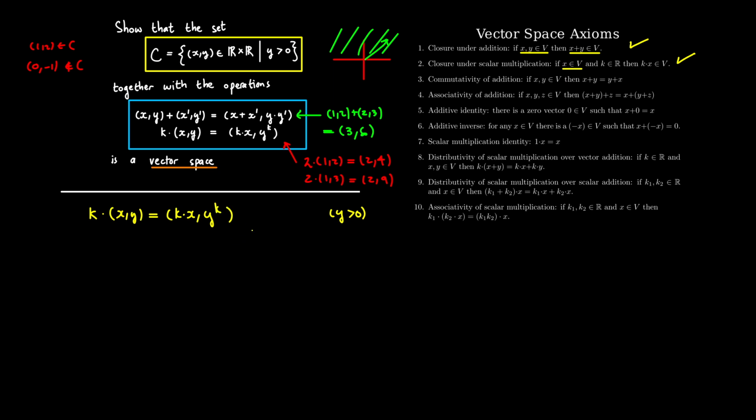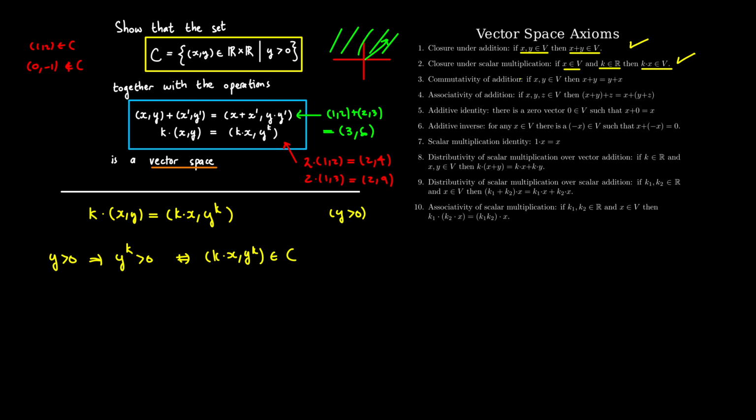Now again, a similar kind of reasoning. Since y is positive, no matter what number you take, if you raise y to the power of k, you're going to get another positive number. And for this reason, this vector we've just defined is going to be an element of our vector space. And so that shows you that given any vector and any real number k, when you scalar multiply, you get another vector in this vector space. Okay, so the closure axioms are valid.